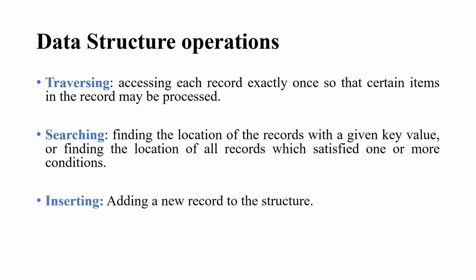Inserting is adding a new record or element to the data structure. And deleting means removing an element or record from the data structure. There are many other basic operations, like merging, where similar types of data structures are merged, and so many more.